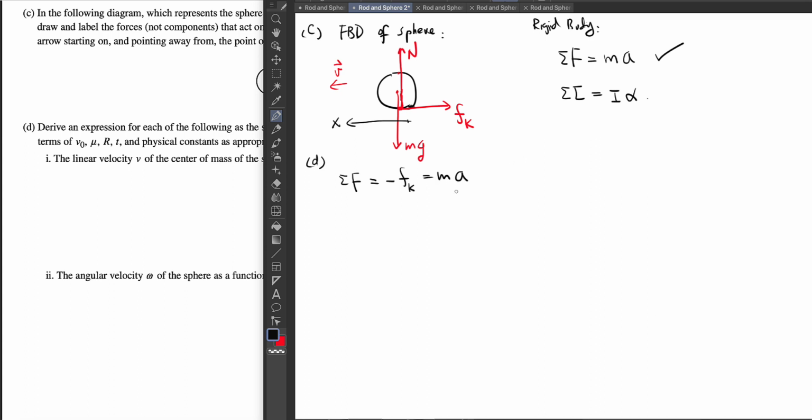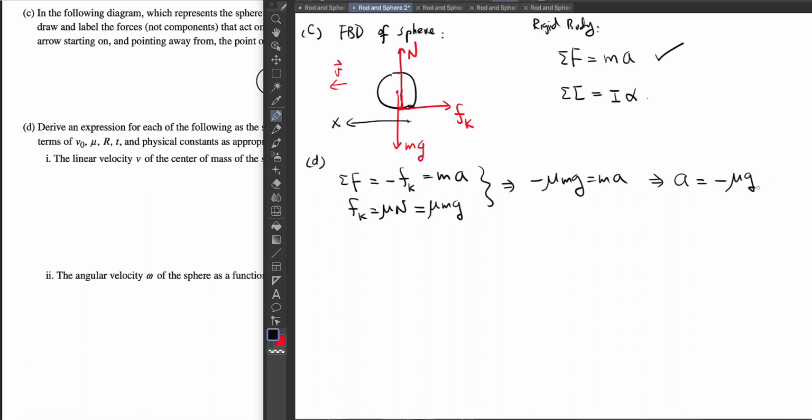Now Fk here is related to mu times the normal force. That's the definition of Fk. And N is mg. So we can combine them, and then negative mu mg equals ma. So according to Newton's second law, the center of mass acceleration is negative mu g.